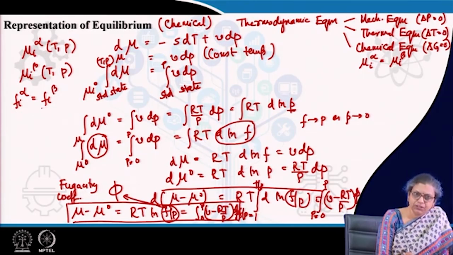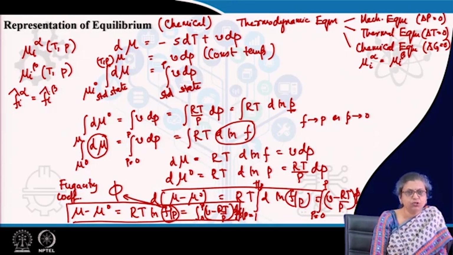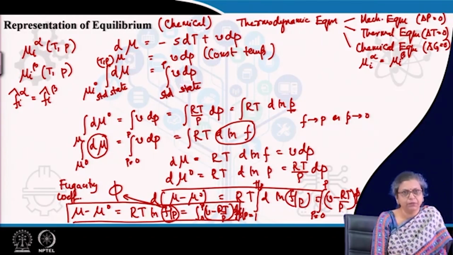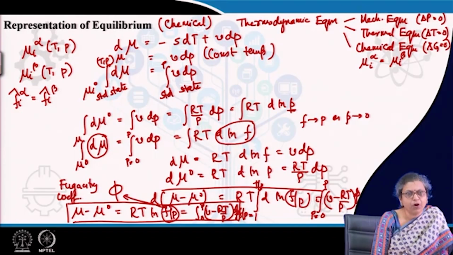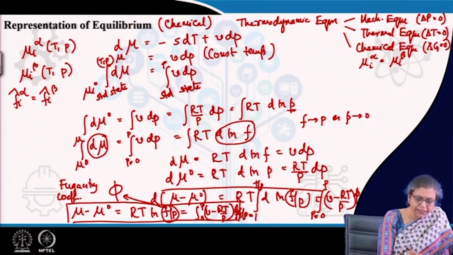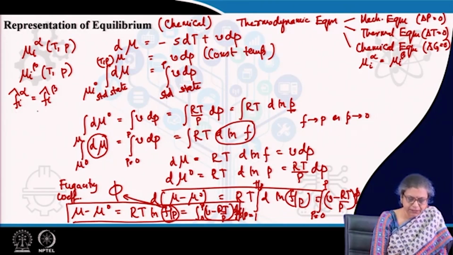If the component is in solution, then naturally we denote it with a cap, just to show that this F of component i corresponds to the existence of i in some particular mixture. Therefore, the entire problem of determining equilibrium in terms of chemical potential boils down to finding the fugacity of that component in the mixture.